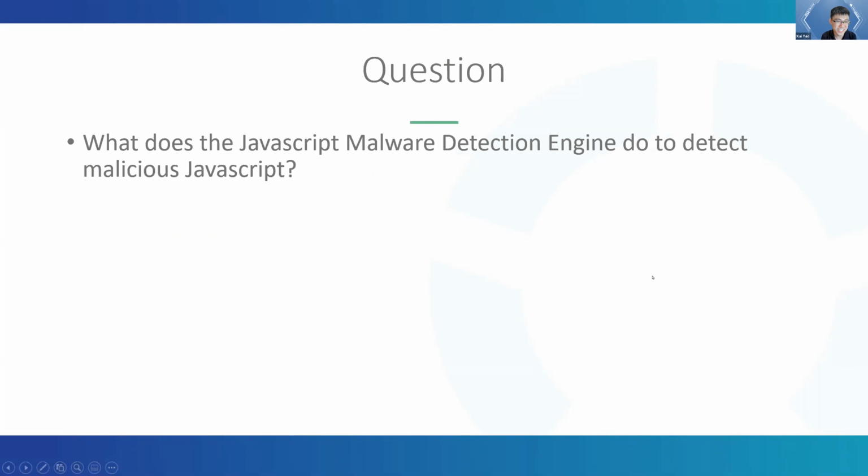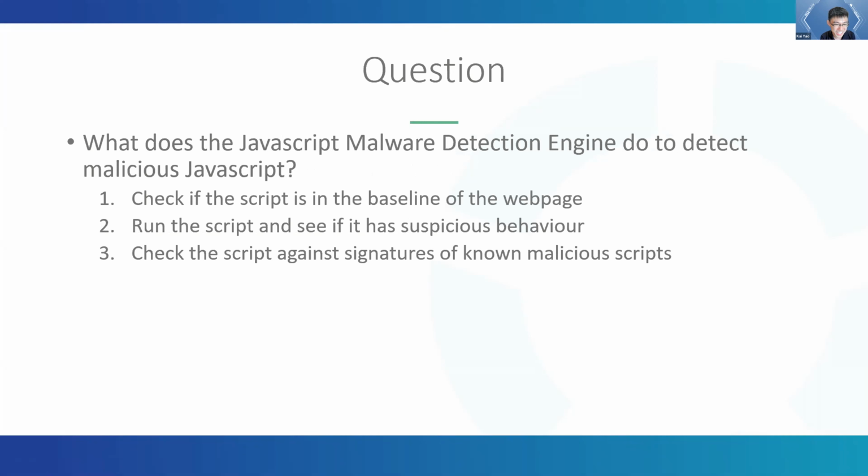And finally, what does the JavaScript malware detection engine do to detect malicious JavaScript? The options are: 1. Check if the script is in the baseline of the web page. 2. Run the script to see if it has suspicious behavior. Or 3. Check the script against known malicious scripts. So this is for the JavaScript malware detection engine.